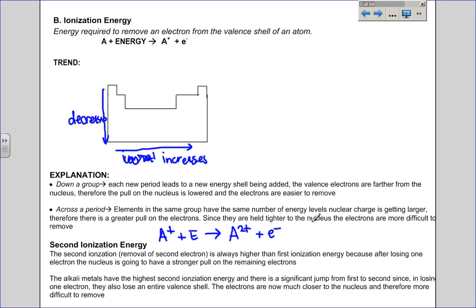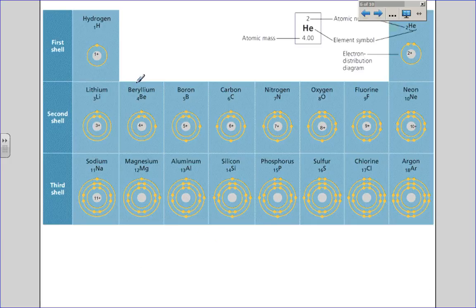Now, in terms of second ionization energy, the trend does change because the alkali metals actually have the highest second ionization energy. After lithium or sodium have lost one electron, they've lost an entire shell, and now they have quite a stable ion.